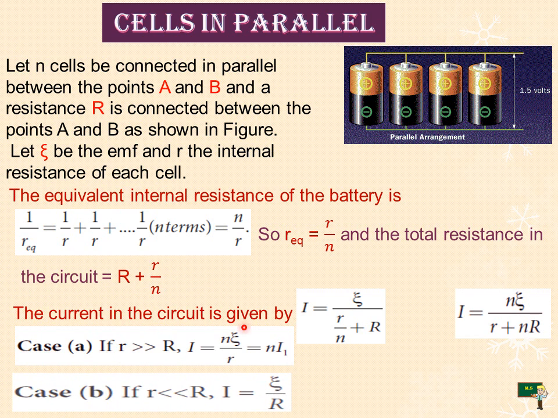In case 2, if small r is very much less than capital R, then I is equal to psi by R.